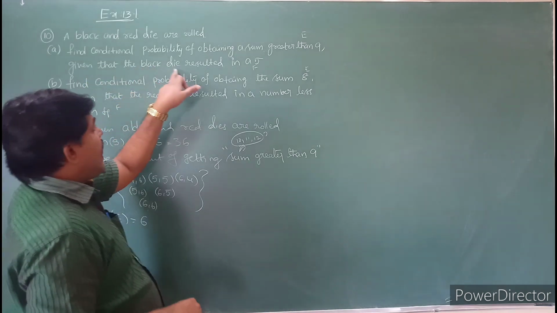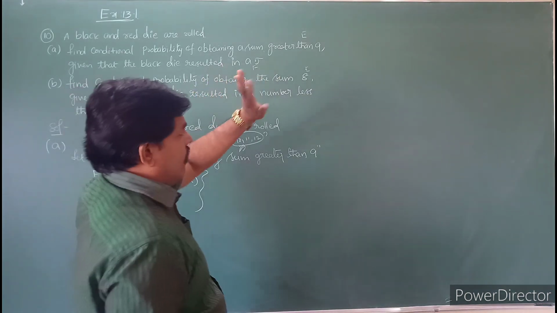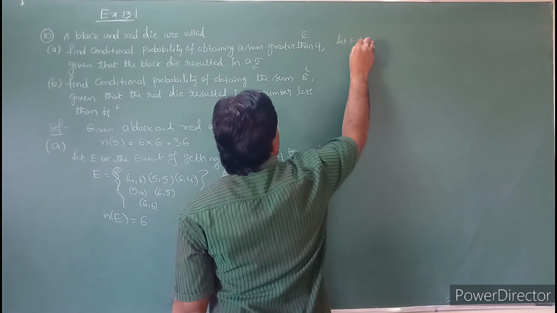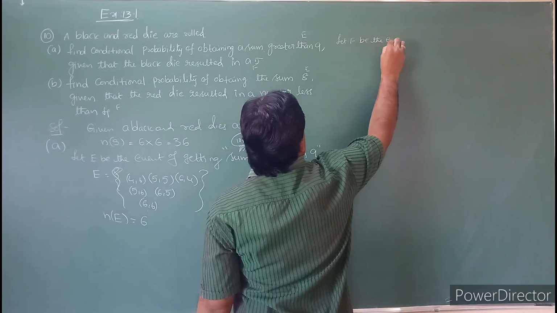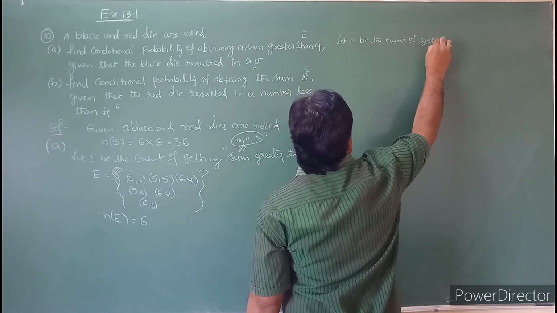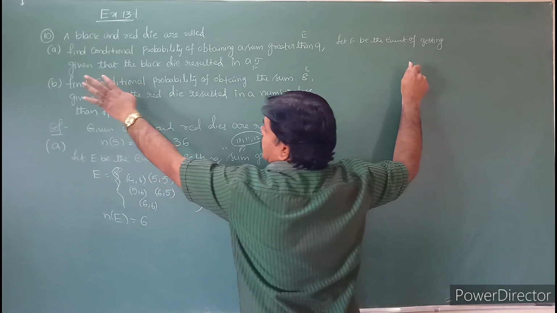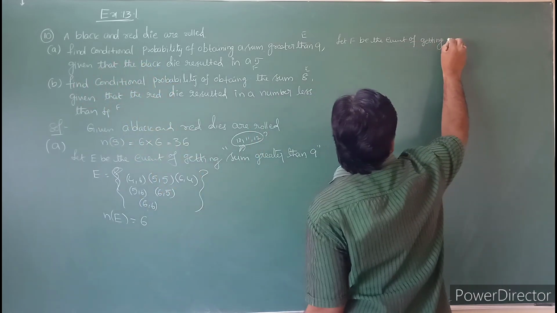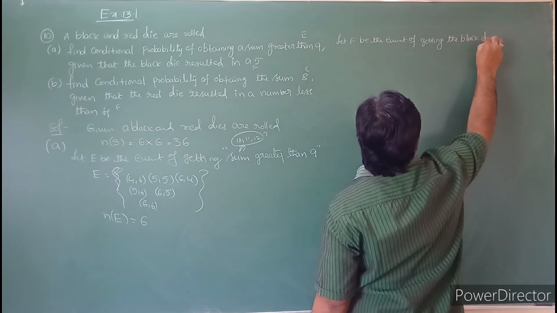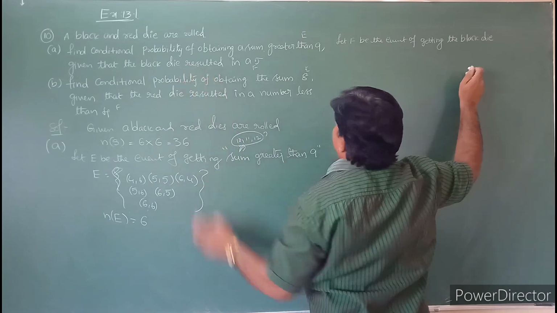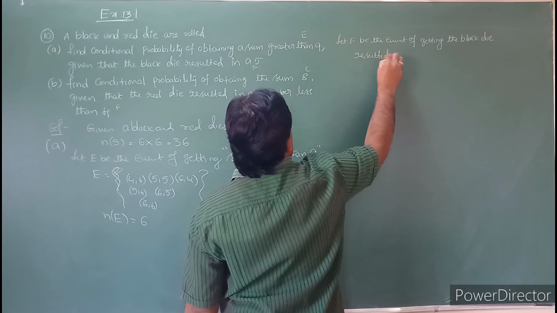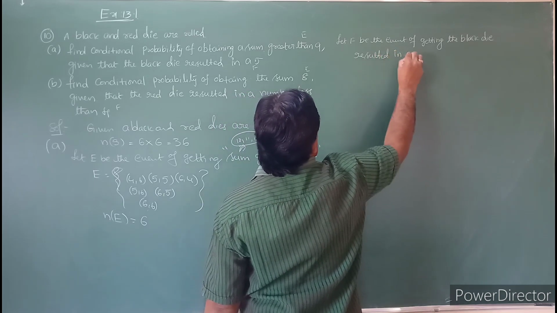Now what is F? The black die resulted in 5. So let F be the event of getting the black die resulting in a 5.